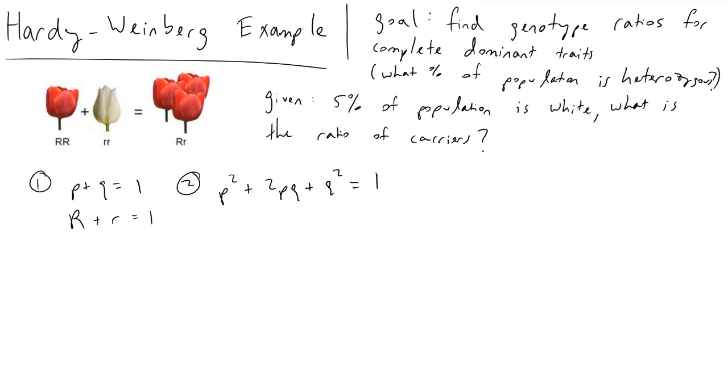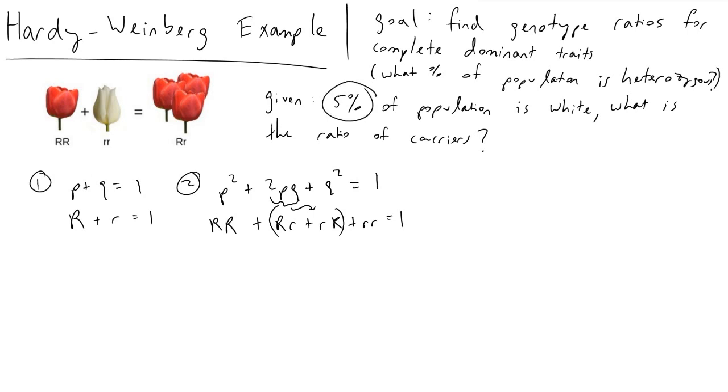We can break this down as the homozygous dominant, big R big R, plus little r big R, plus little r little r. These are all the possible genotypes you can get, and the reason we call it 2pq is because it can be either big R little r or little r big R, since it ends up with the exact same result. And this must equal 1.